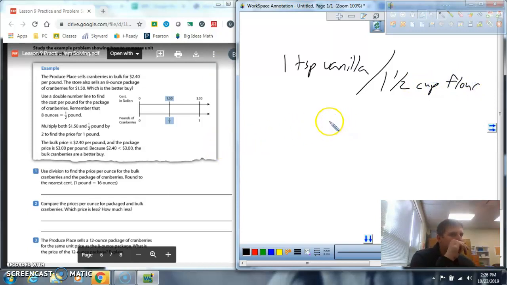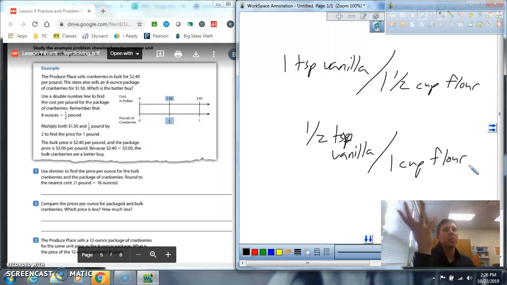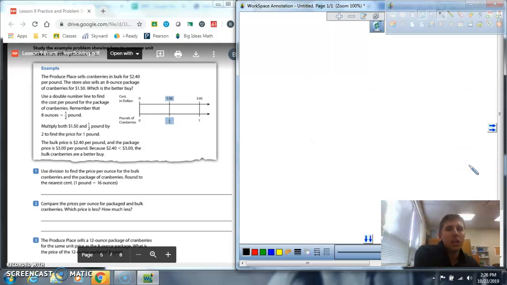And we said, well, how much would we need if we only had 1 cup of flour? How much vanilla would we have to adjust to if we only had 1 cup of flour? And a lot of you said, well, we take 1/2 away from each. You get half a teaspoon of vanilla per 1 cup of flour. Well, can you just take a half off of each? Are they proportional like that? The example I showed you was, well, something simple. What if we went 8 miles in 2 hours?